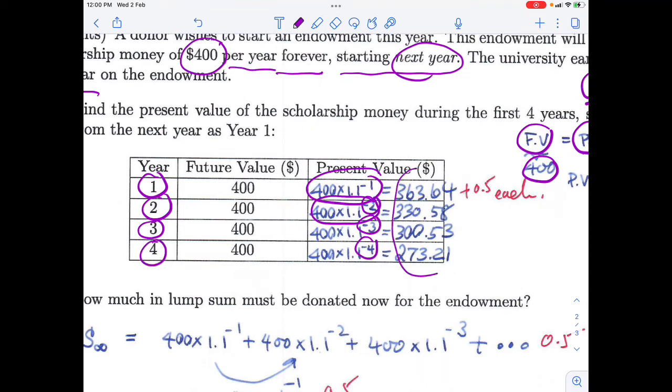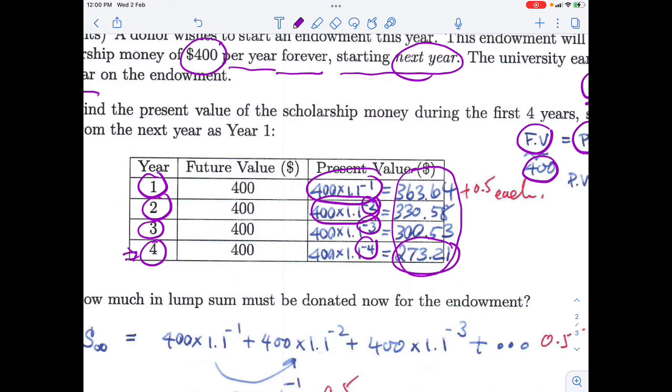And we compute the present value using a calculator. And you see that it's definitely going to be less than 400. So $400 in the future, what is it worth now, it has to be less than 400.